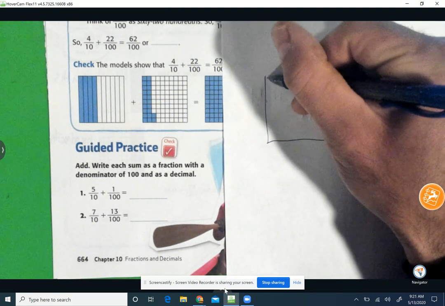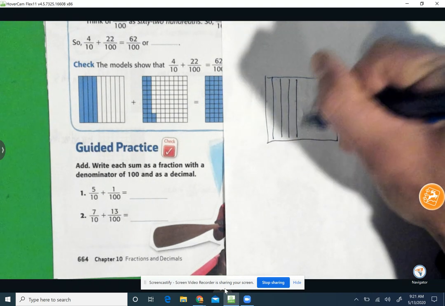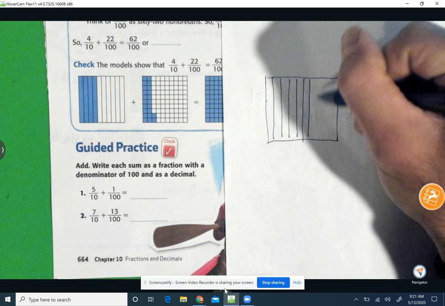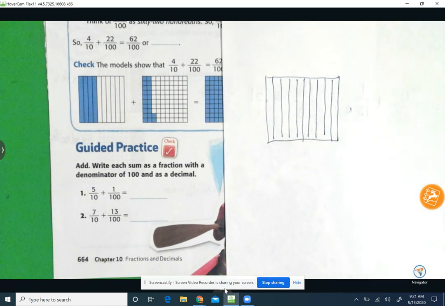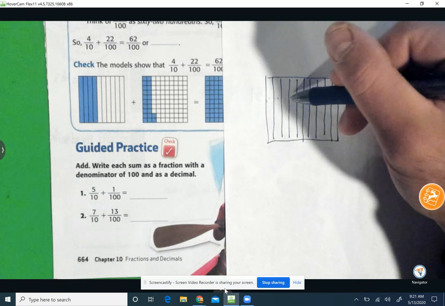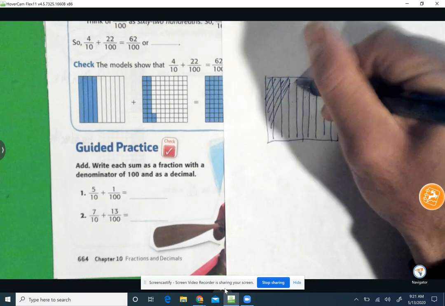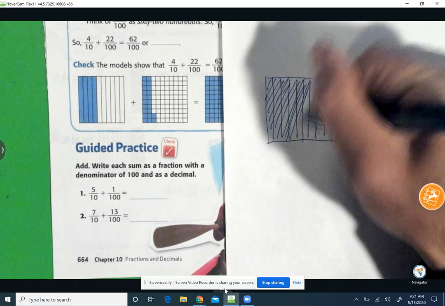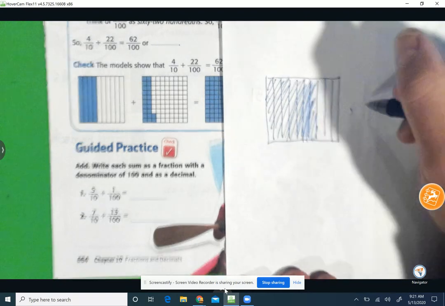Okay, so if we have 1, 2, 3, 4, 5, 6, 7, 8, 9, and 10 bars, 7 of them are shaded. 1, 2, 3, 4, 5, 6, 7. We have 7 tenths.